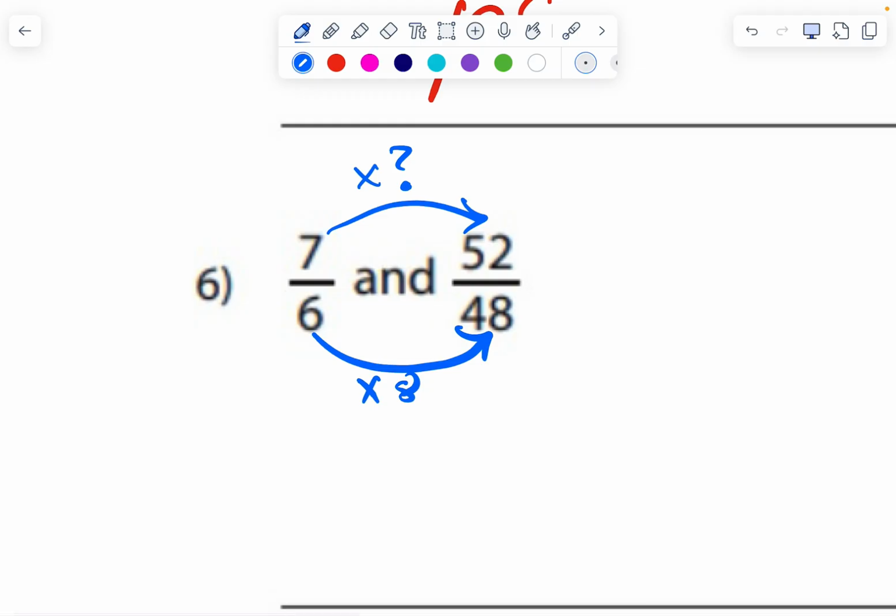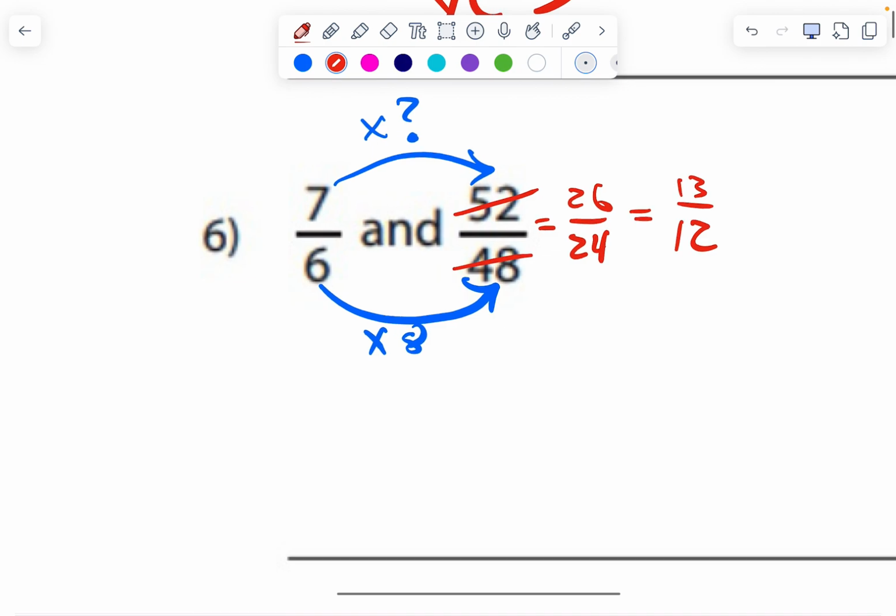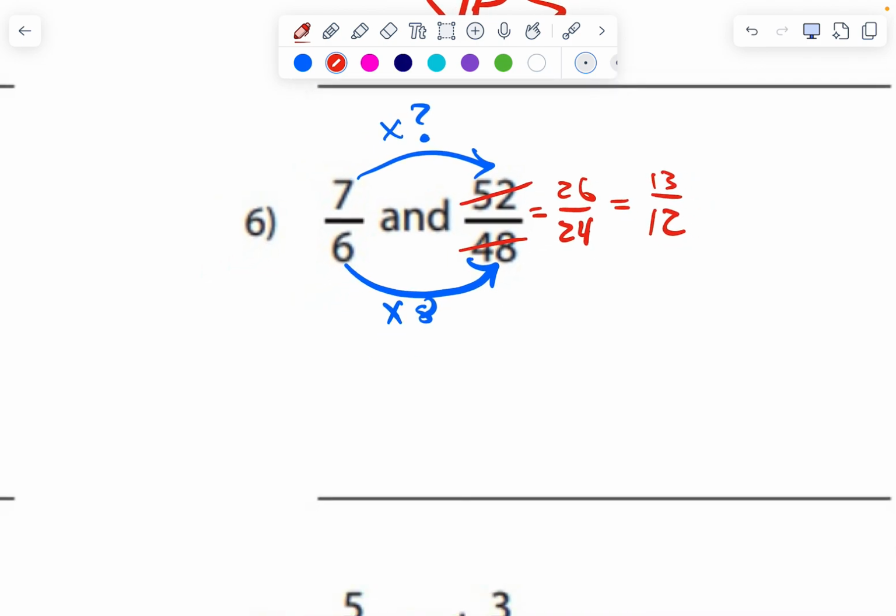Okay, another thing we could do is reduce. 13 goes into 52, but not 48. So let's do 2 and then... Okay, that's as far as we can go. 13/12 isn't a multiple of 7/6.